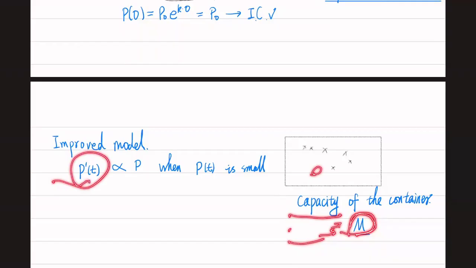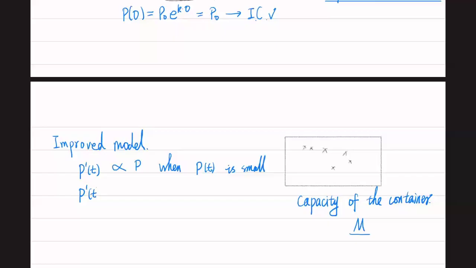In the worst case, if we put too large an amount of virus in a small container, the number will decay. So the derivative is proportional to M minus P.